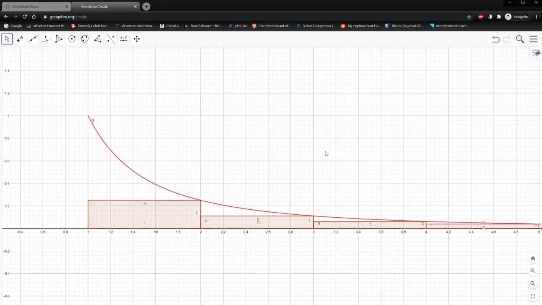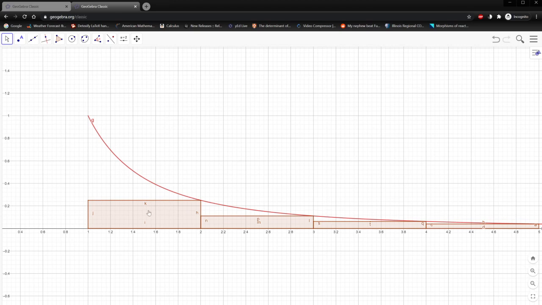Now, just removing the first term isn't going to change whether the series converges or not. So if all we're interested in is convergence, then this is fine. But what we see here is that just by removing that first rectangle, now all of these rectangles lie beneath the curve.